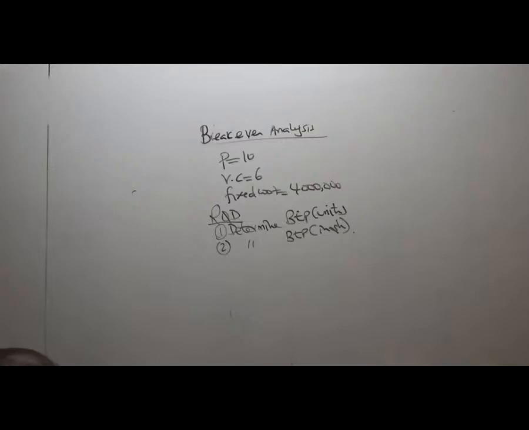Variable cost is 6, not 6 million, just 6 per unit.